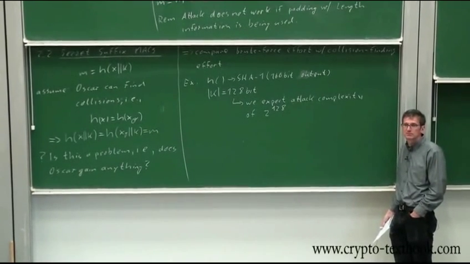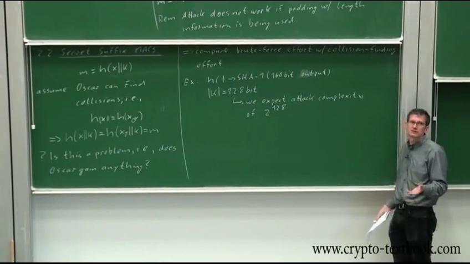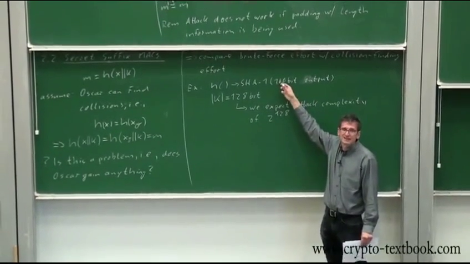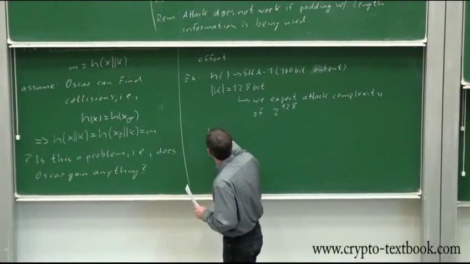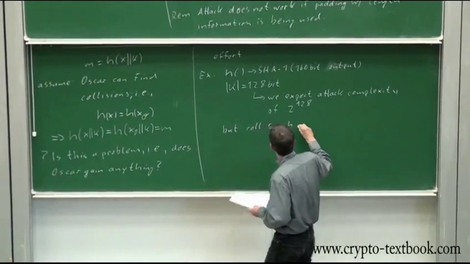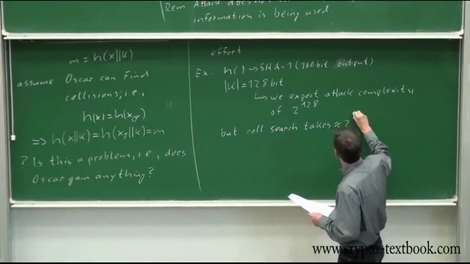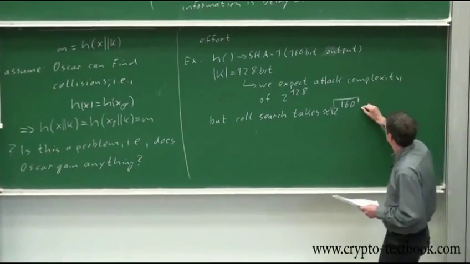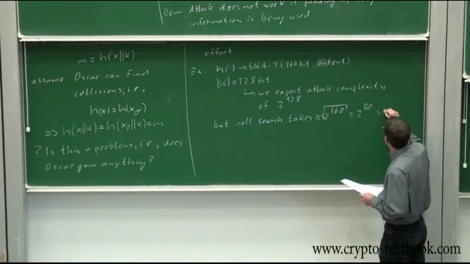We did this little experiment with this piece of paper a few weeks ago. Birthday paradox, exactly. Because of the birthday paradox, collision search for SHA-1 is not 2 to the 160, but takes approximately the square root of 2 to the 160 steps, so roughly 2 to the 80 steps.